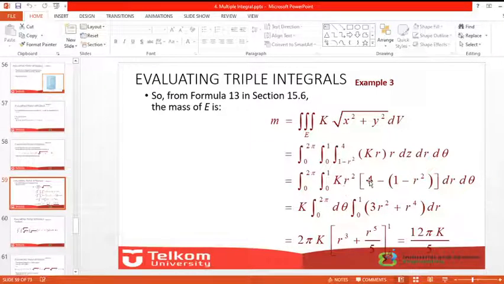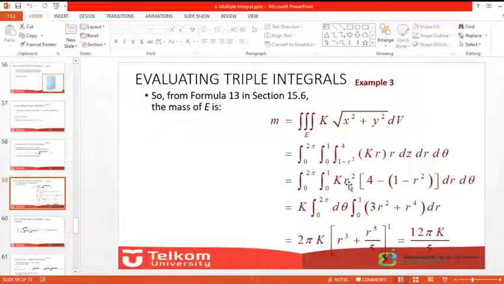After that, the integral with respect to r, and r should be in here. So we get the result of the integral of this one.